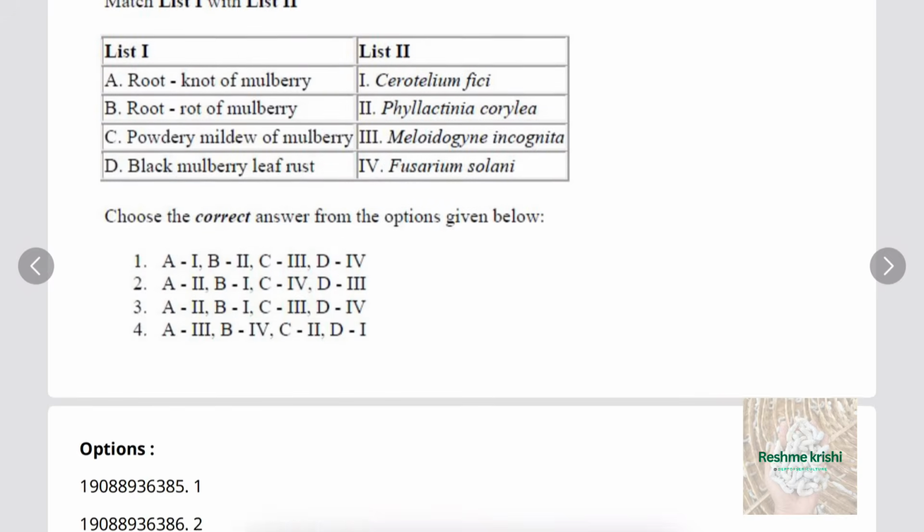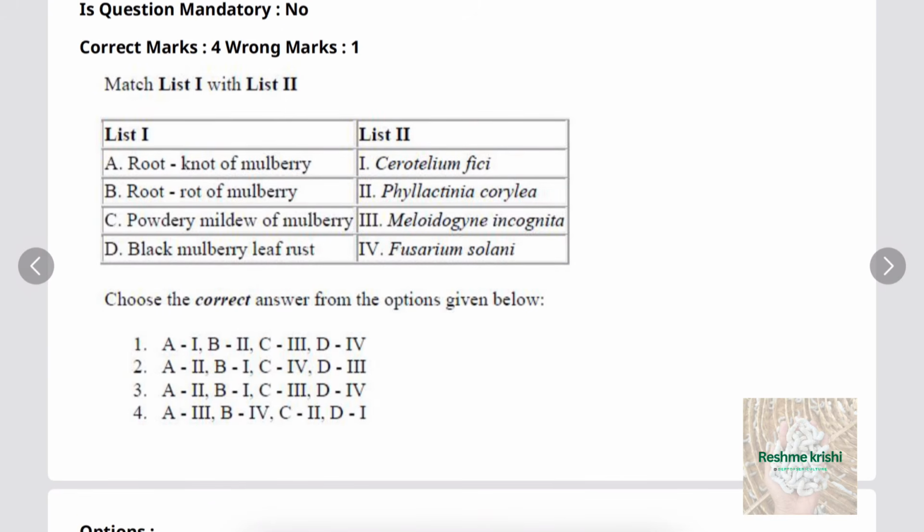Root knot of mulberry. This is a very simple question we have discussed earlier also. Powdery mildew is caused by Phyllactinia corylea. So what is C? Powdery mildew is caused by Phyllactinia corylea. Then what is A? And what is B? Meloidogyne incognita, which is very much famous.